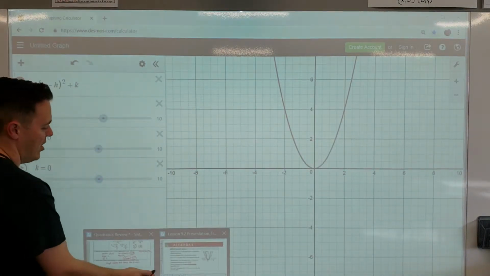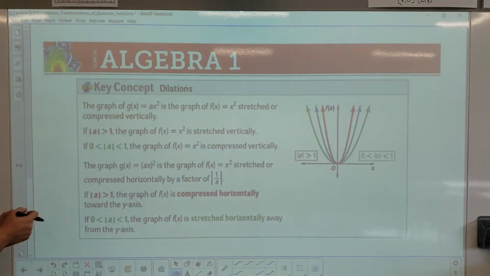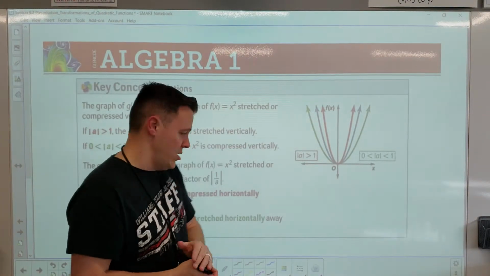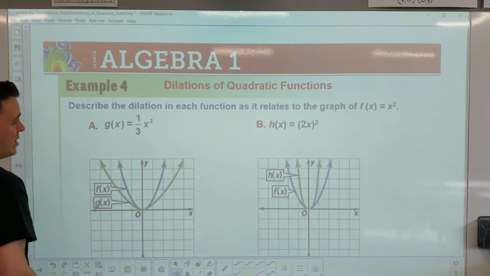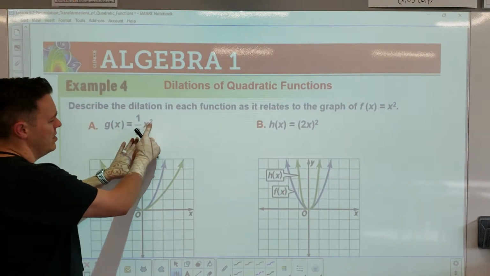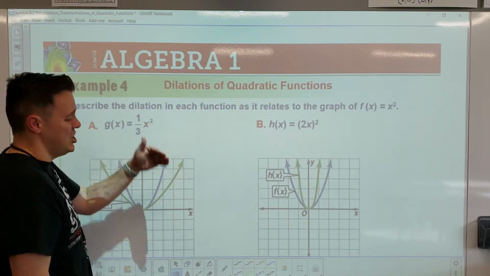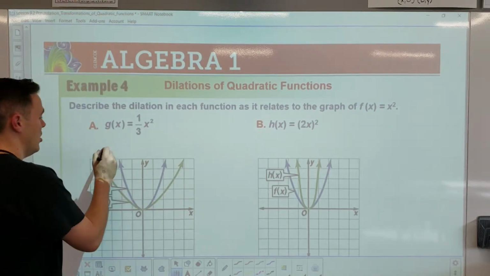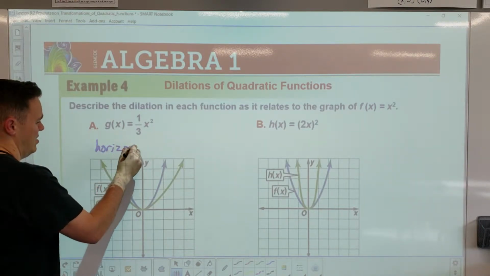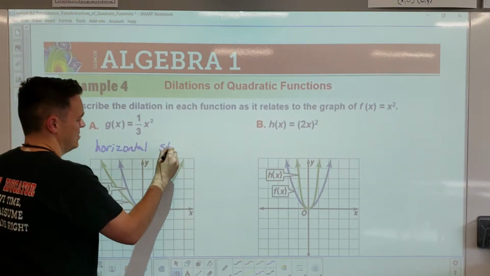And what is that value based off of? Well, it's based off the a value, because my a value is always in front of the x squared. Okay, anything between 0 and 1 is what's called a horizontal stretch.